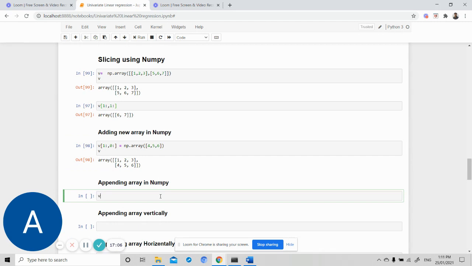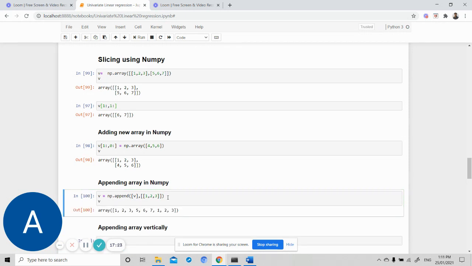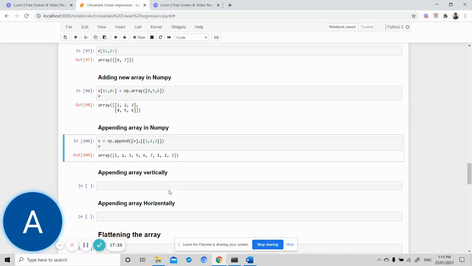How do we append to our array? Suppose p equals np.append, and we need to append 1 2 3. This is how we append our array.